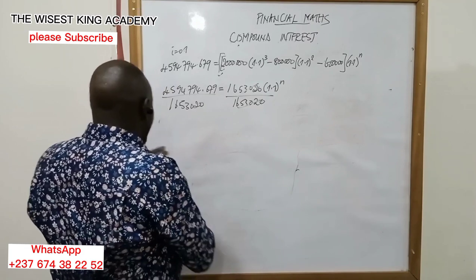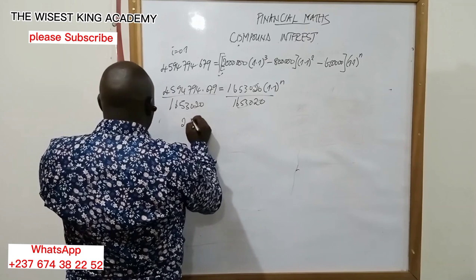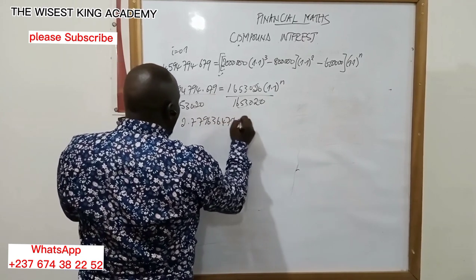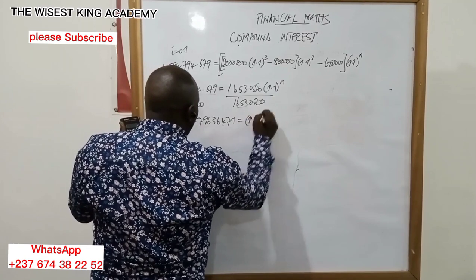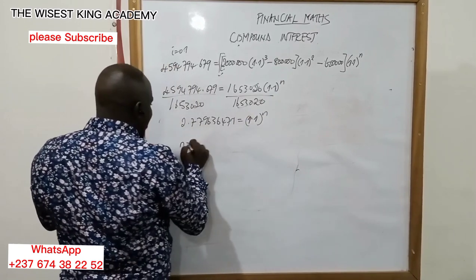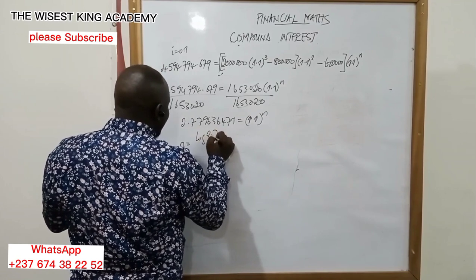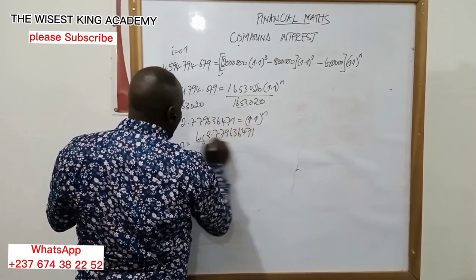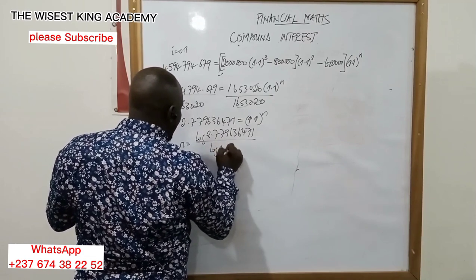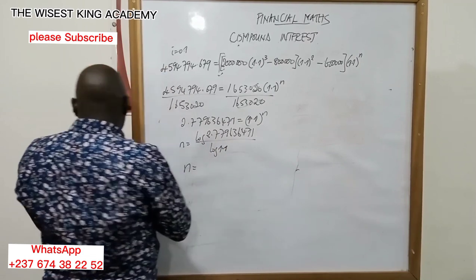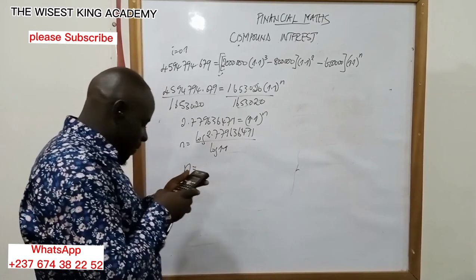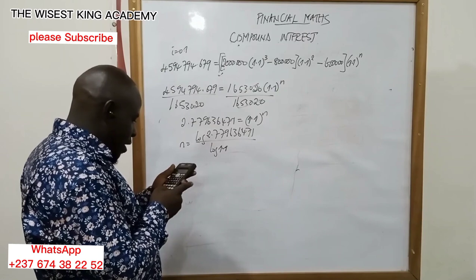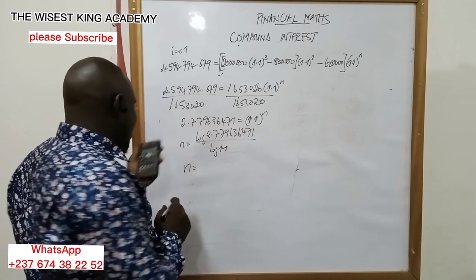I have 2.779636471 equals 1.1 raised to the power n. So n will be equal to log 2.779636471 divided by log 1.1. So log of my answer divided by log 1.1 equals, so that will be 10.7.